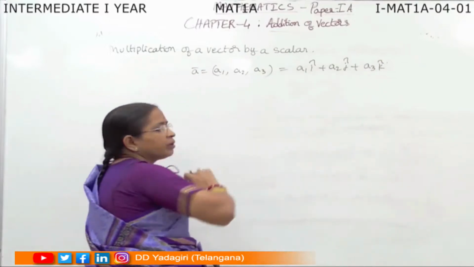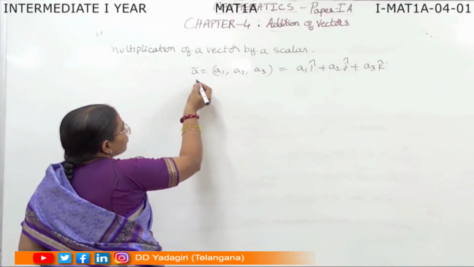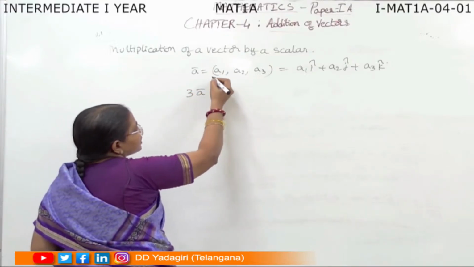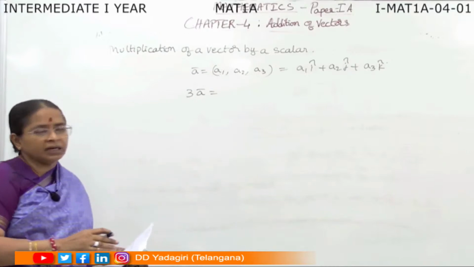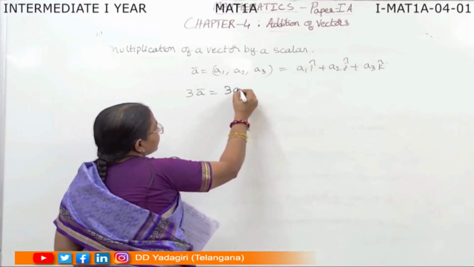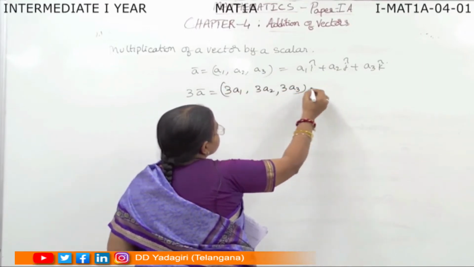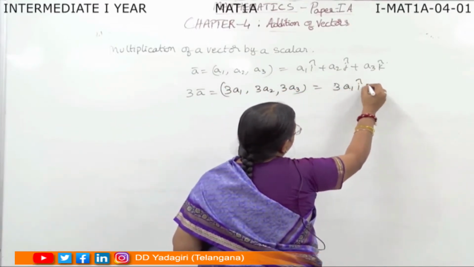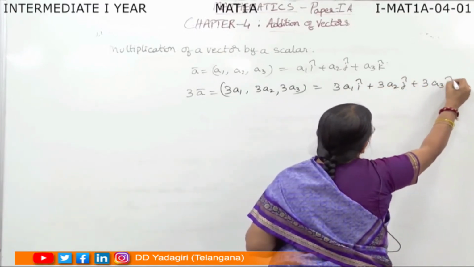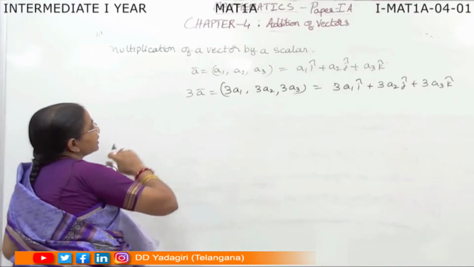In terms of ijk, you can write this vector as A1i plus A2j plus A3k. Now suppose I have to multiply this by some number, suppose it is 3a. So 3a vector means I should multiply each element by 3. That means it is 3a1, 3a2, 3a3. In terms of ijk, it will be 3a1i plus 3a2j plus 3a3k. So like this, we multiply a vector by a scalar. A scalar is a real number for us.